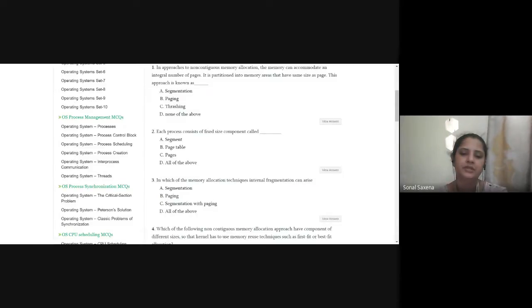Question number three says, in which of the memory allocation techniques can internal fragmentation arise? Is it segmentation? Is it paging? Is it segmentation with paging? Or all of the above? Try to answer them quickly.